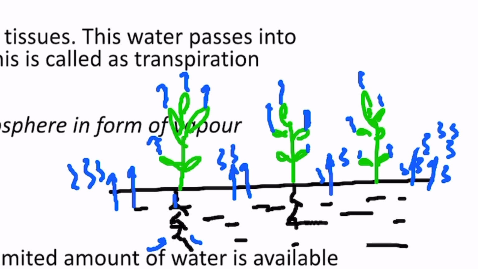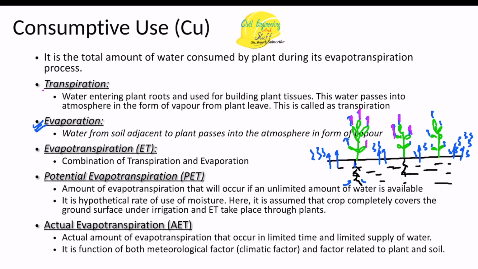So again, certain water vapor is released from the leaves of the plant, and this is what we call transpiration. The amount of water lost in the form of vapor from the leaves of the plant is transpiration, and evaporation is the water lost in the form of vapor from the adjacent soil of the plants.